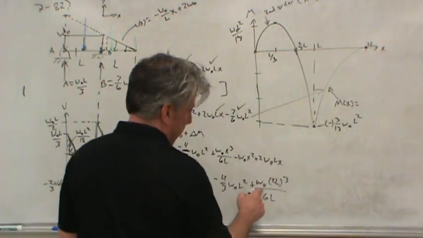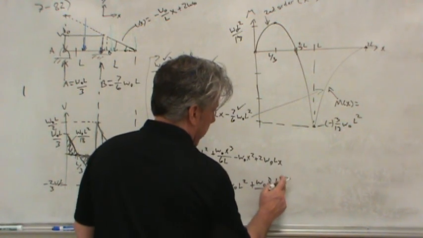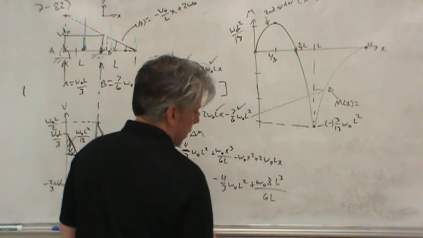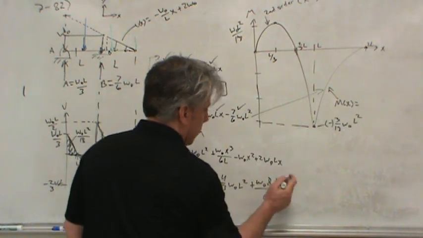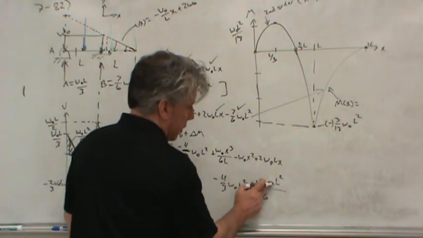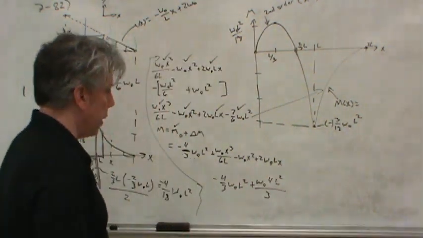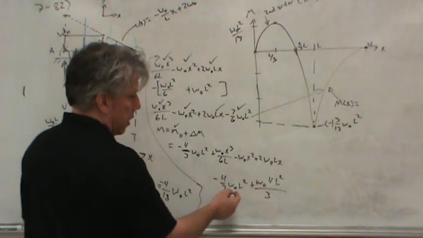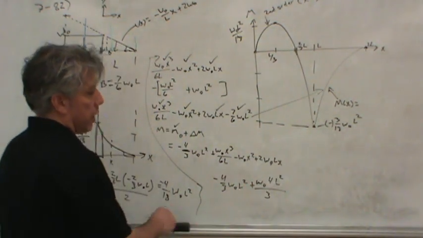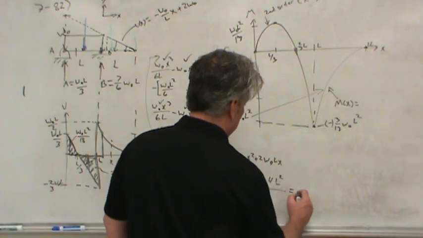Well, let's find out. 2 to the third power is 8. We'd have L cubed remaining. Cancel one of the lengths, L squared. And 8/6 are the same thing as 4/3. And sure enough, negative 4/3 W naught L squared plus 4/3 W naught L squared. And yes, this all comes out to 0.